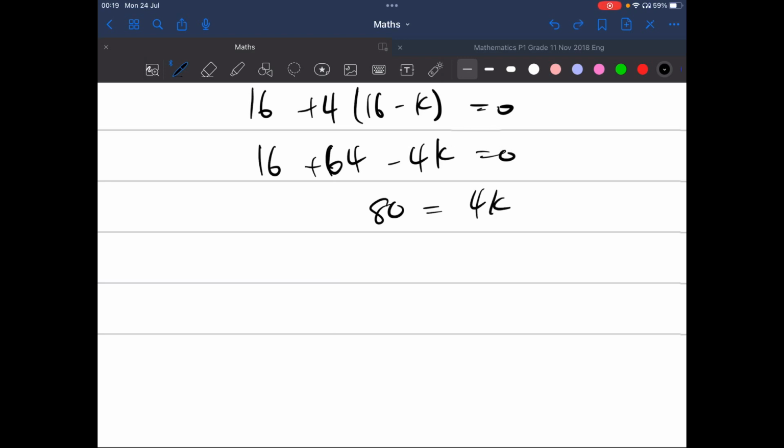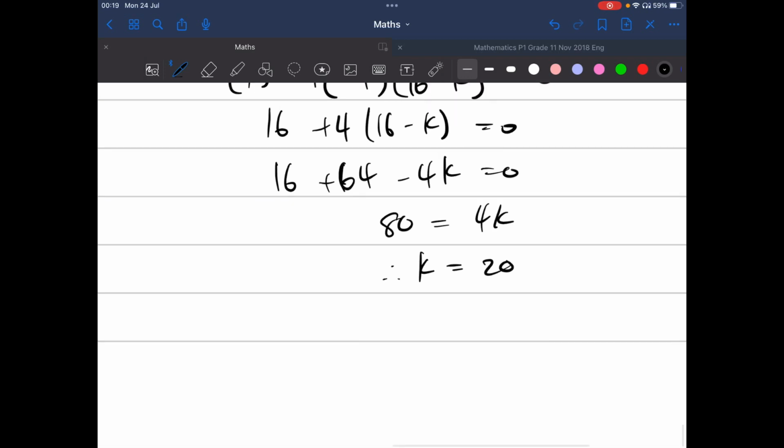I just moved this to that side. So therefore k is equal to 80 divided by 4, which is 20. Okay, so that's the answer then.